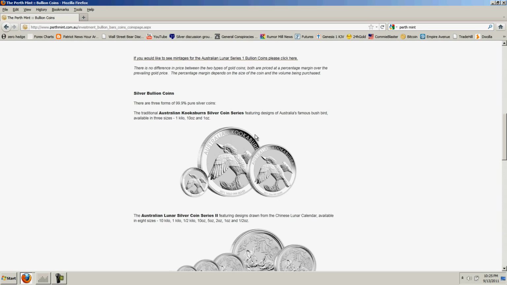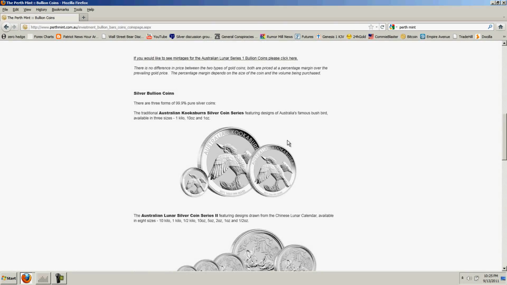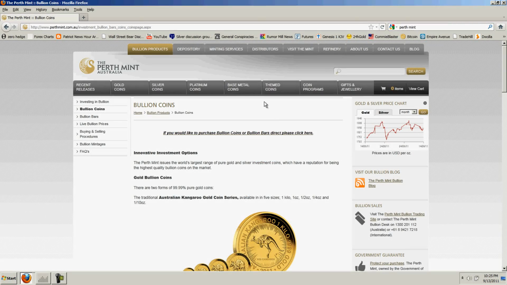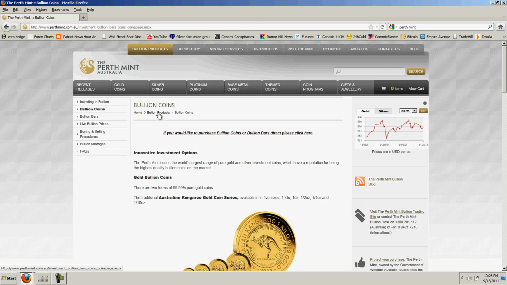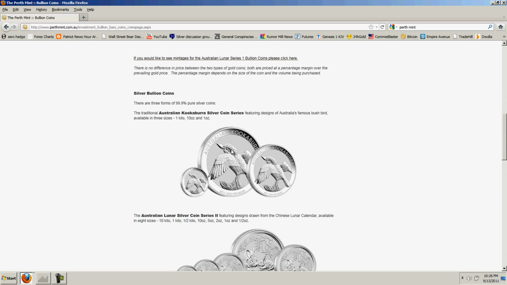And you can see these bullion coins are the kookaburra, the rabbit, the koala, etc. So if you want to search for bullion coins that are available, you can go, how did I do that? We want to go to bullion coins and then our bullion coin products. I went through this before. Their menu tree is a little bit confusing.